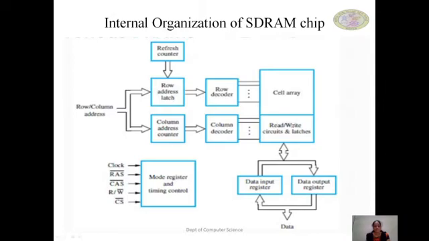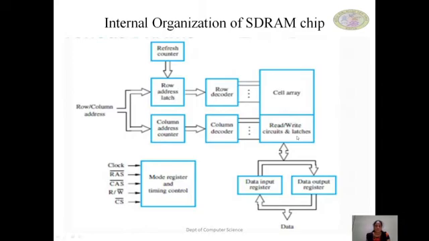Then the read-write latches are connected to the data input registers and the data output registers. Along with that, we have the mode registers, which can be set in order to perform various operations, or the chip can perform operations in different modes. Along with that, the output of the sense amplifiers is connected to a latch here.